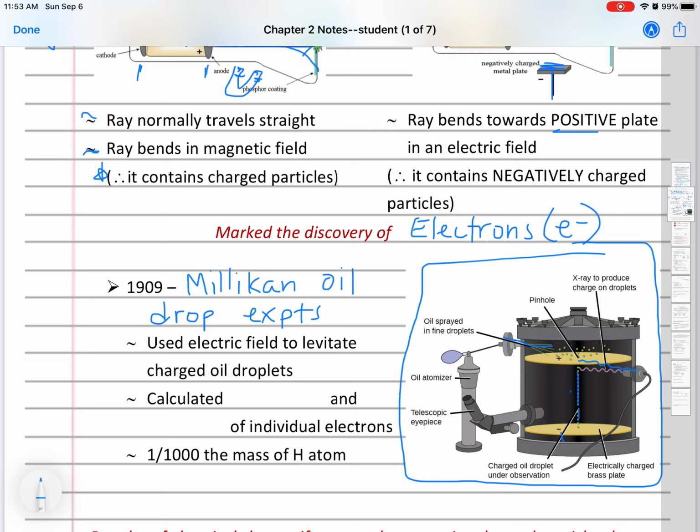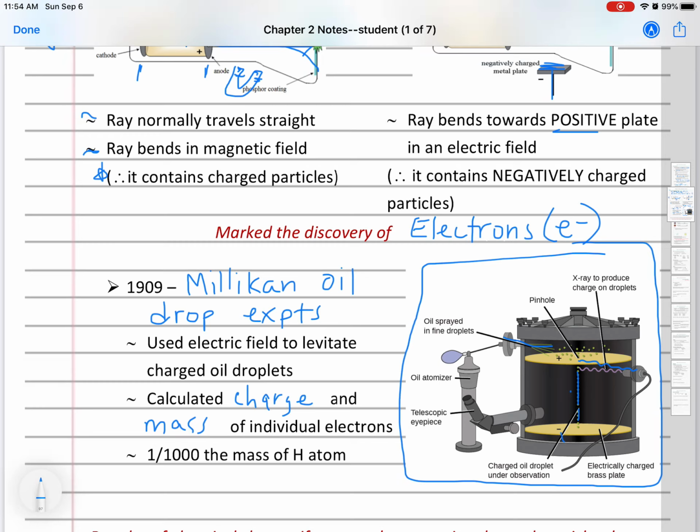By doing that, he was able to calculate the charge of the electron, and also the mass of individual electrons, through collecting data from these experiments. He realized electrons are quite small.